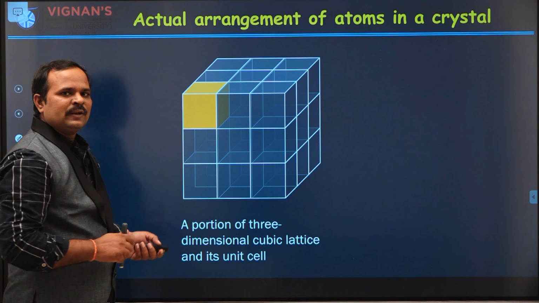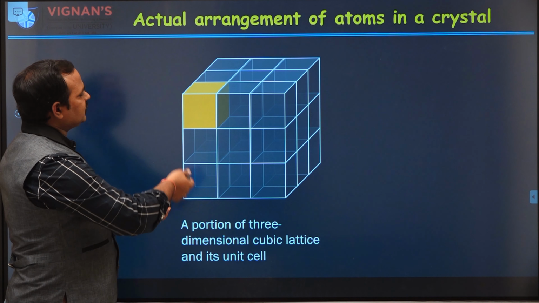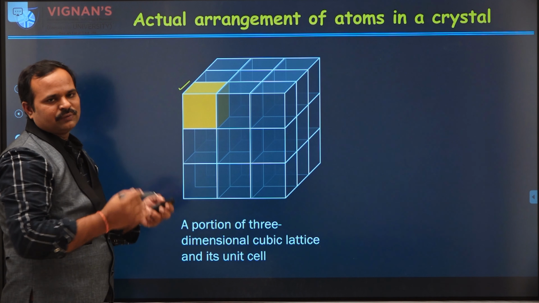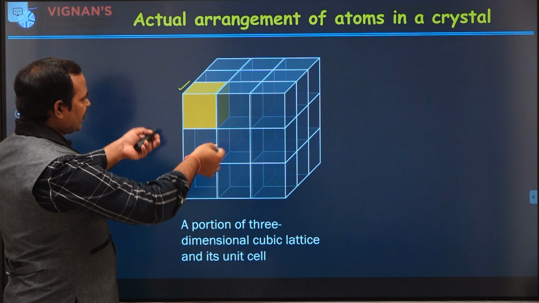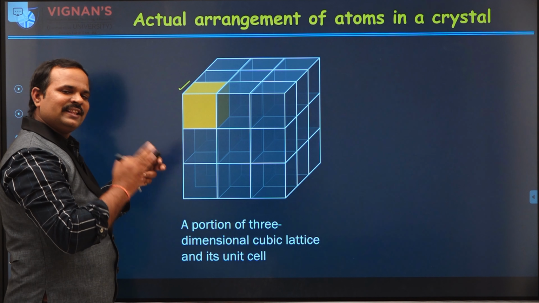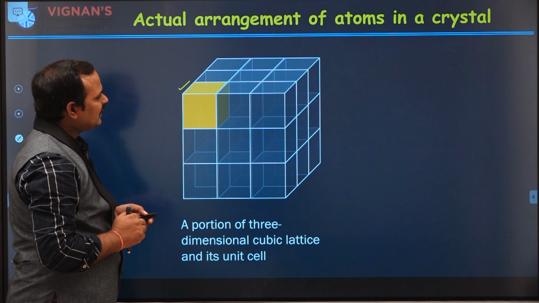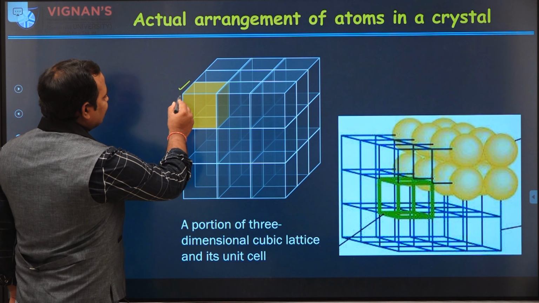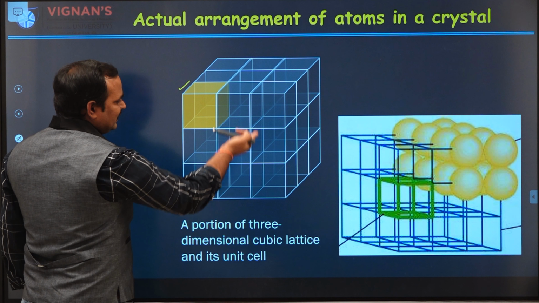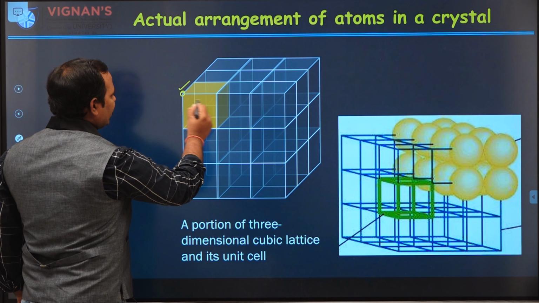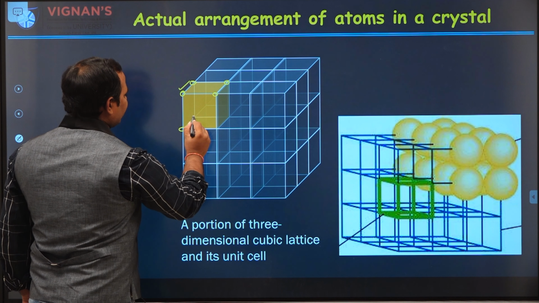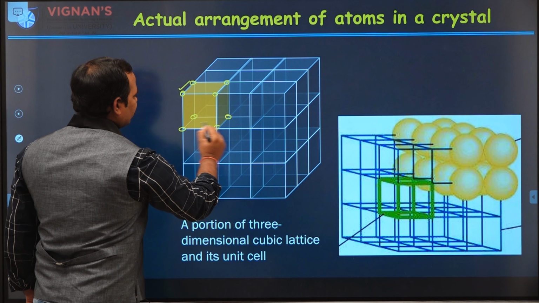In general, this is how we see the crystal, and this is the unit cell we have told you. This is how we are representing it. However, in the real case, the atoms in the crystal look this way. Here we are representing a crystal just by considering one small point, another point, and another point.